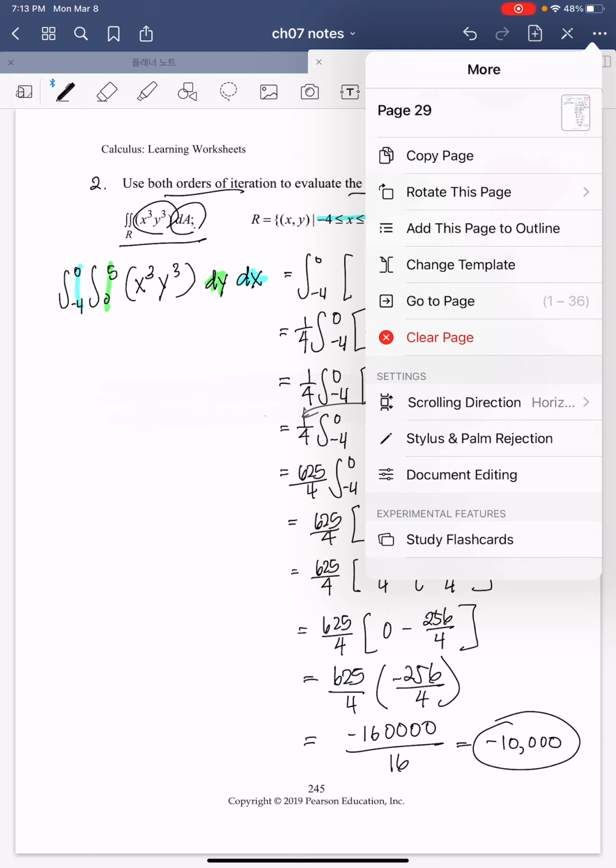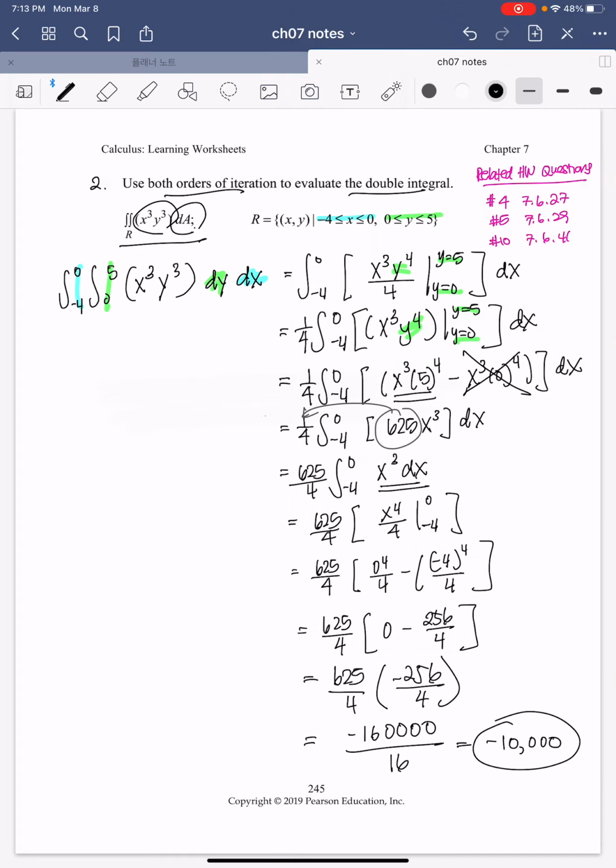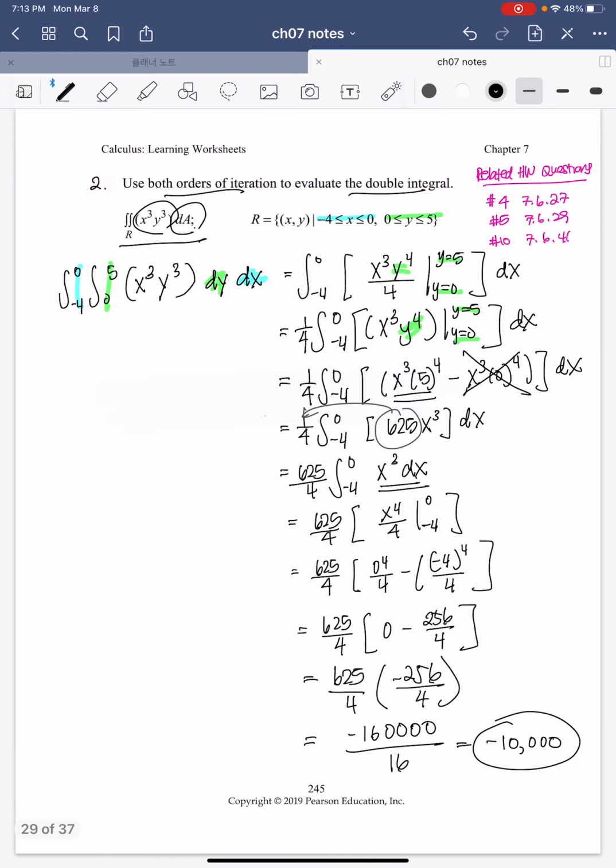So let's add a new page. Okay, same thing. This time I'm going to integrate with respect to x. So I'm going to have switched over 0 to 5, -4 to 0, x cubed, same function, but dx dy this time. We already know the answer should be -10,000.